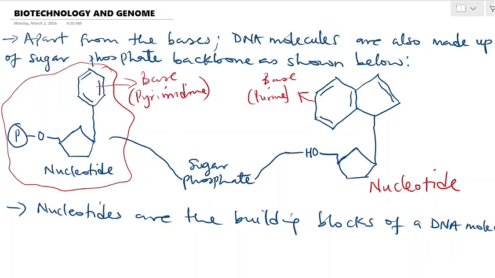So these nucleotides are the building blocks of the DNA molecule, and they are bases that are made up of a sugar phosphate backbone, and this sugar phosphate backbone is represented right there.